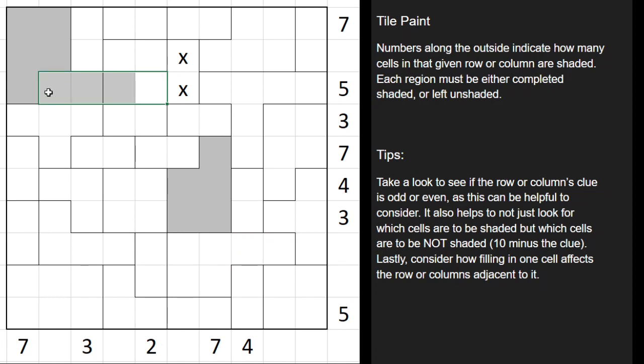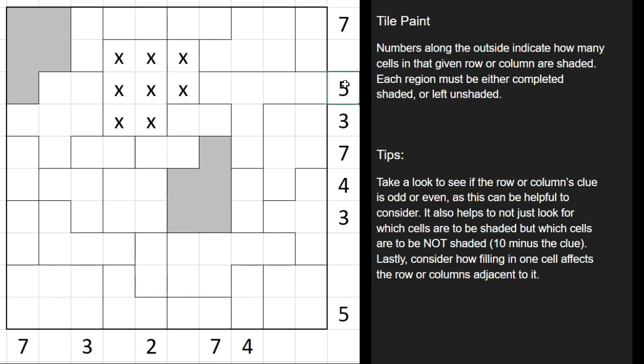If it's these, I think that's going to be okay because it doesn't. Oh, it's not going to be okay, because if we think about this 2, I should have caught this earlier. This 2 can't have these 3 here be shaded. So every region in this column has to be 2s or 1s. This 3 is too much. It would break the 2 rule. So those have to be unshaded.